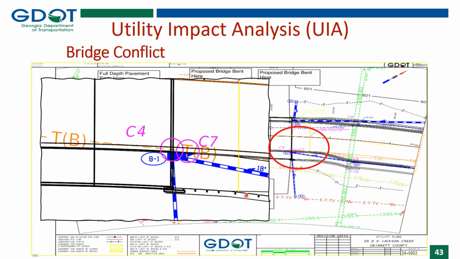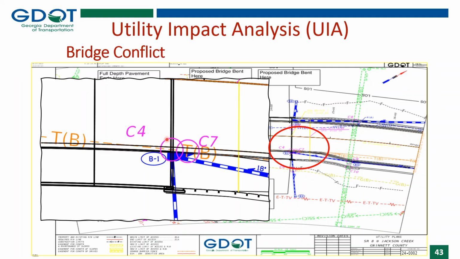Okay, moving down, this project also has a bridge as well. At this bridge location, there are conflicts C4 and C7. 2 different conflict numbers are used here because 2 different proposed bridge features are causing conflicts.